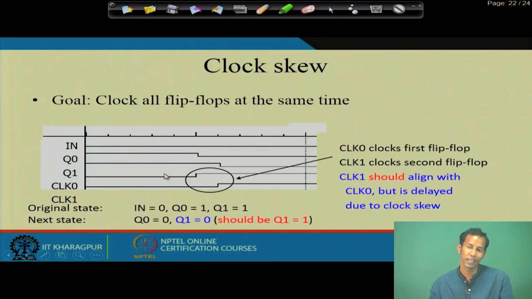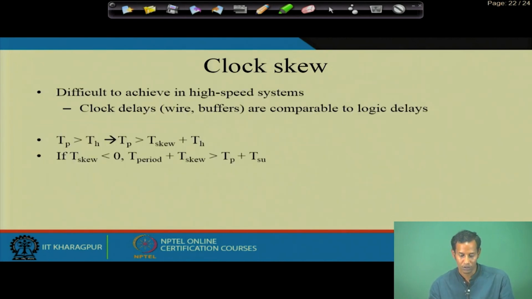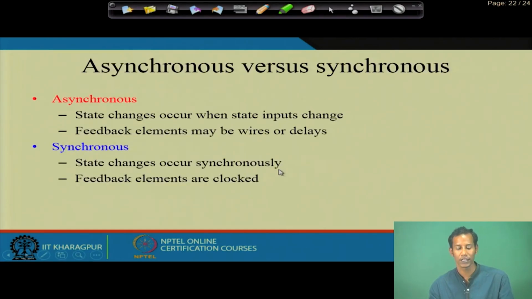So, depending on the arrival of the clock, if there is a time gap between the clock edges, that time gap is the clock skew. The calculation of the clock skew we have already said, and then what is the difference between a synchronous circuit and an asynchronous circuit? In an asynchronous circuit, the state changes occur when the state input changes, and the feedback elements may be wires or delays.